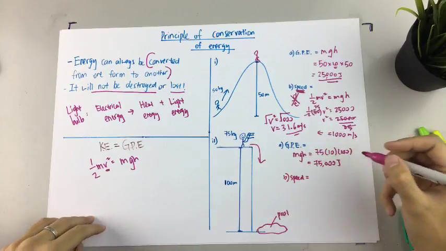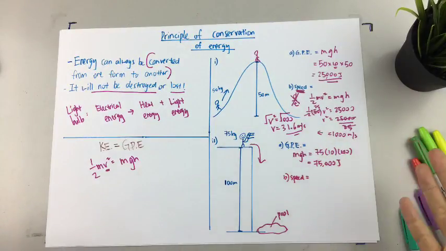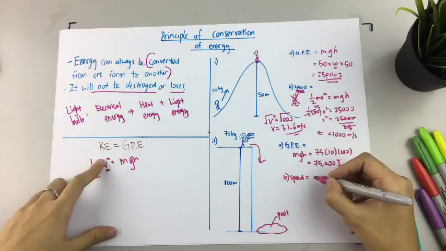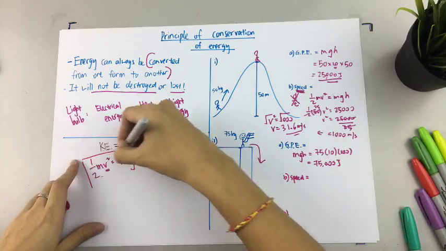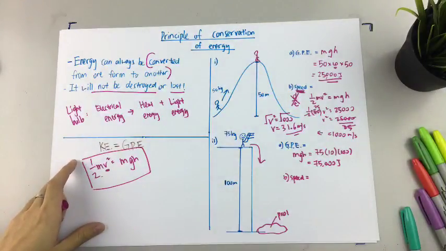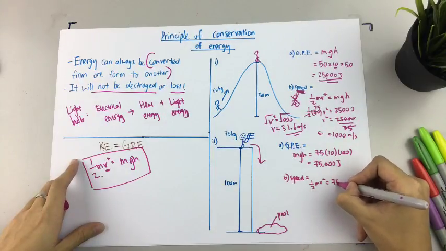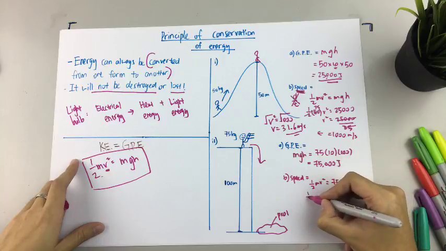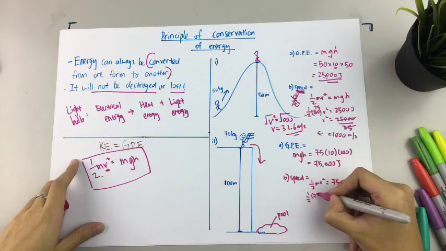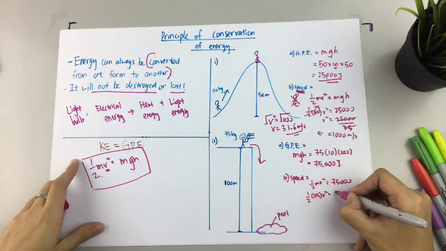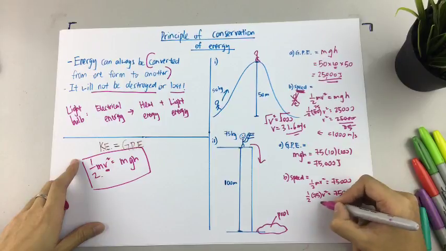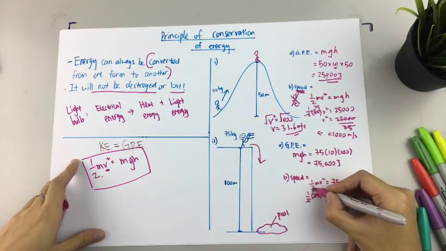So now you need to find the speed again, similar to the top one. Same lah, we need to use this formula: 1 over 2 mv squared equals mgh. So 1 over 2 mv squared equals 75000. So 1 over 2, 75 v squared.